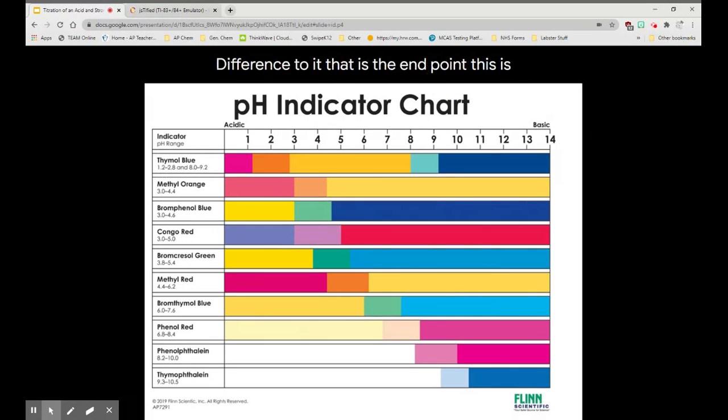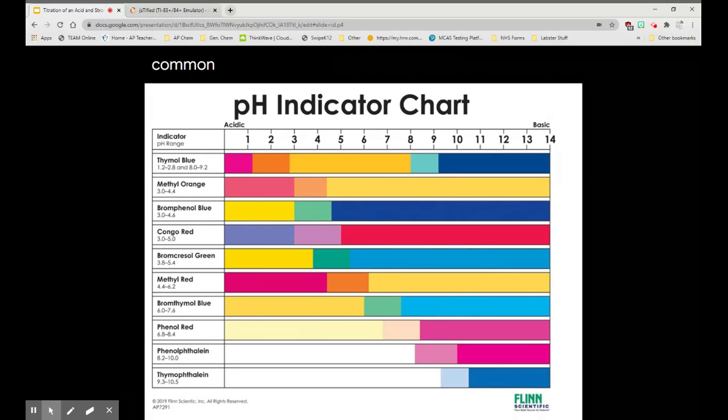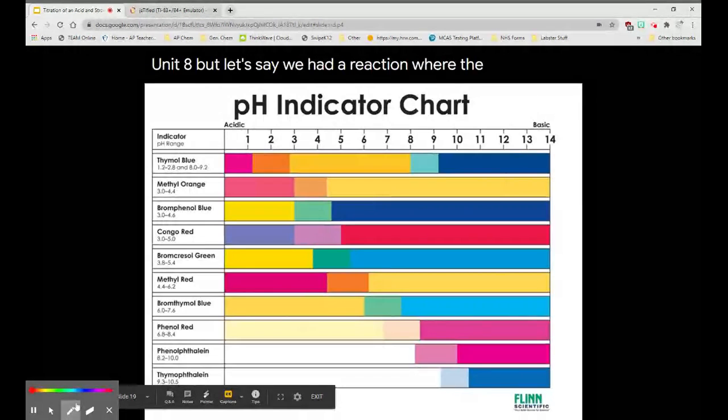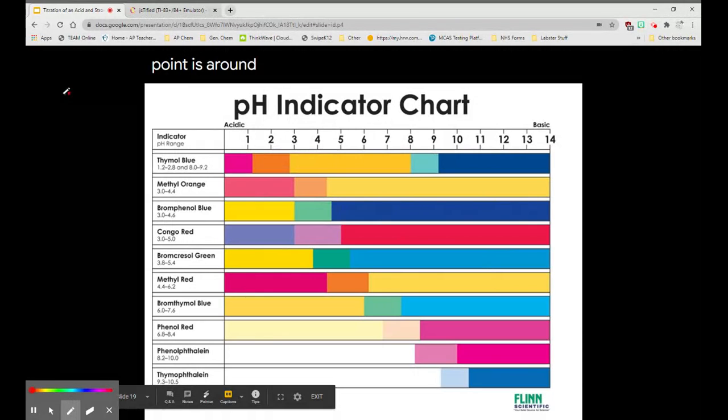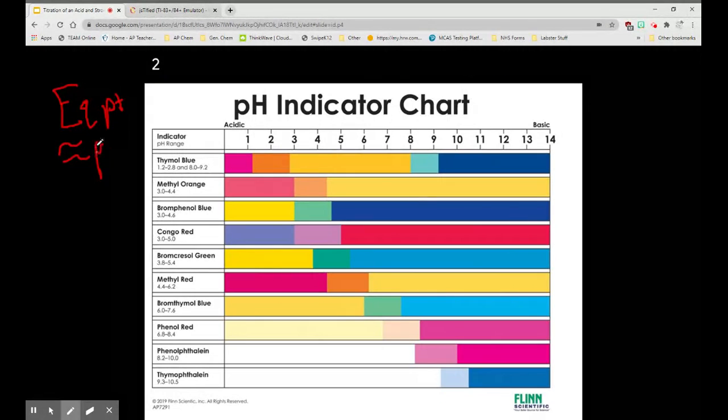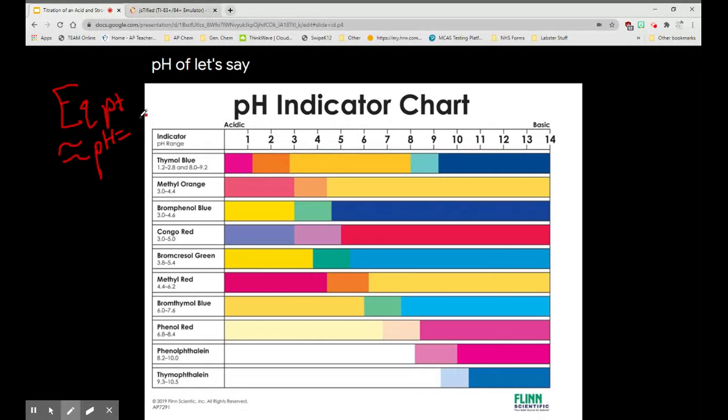This is just a chart of common pH indicators. We'll talk about this in more detail in Unit 8, but let's say we had a reaction where the equivalence point is around, I don't know, we'll call it the Q point, is around a pH of, let's say, 5.